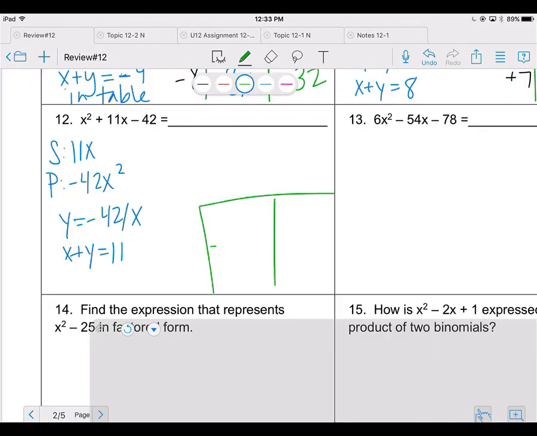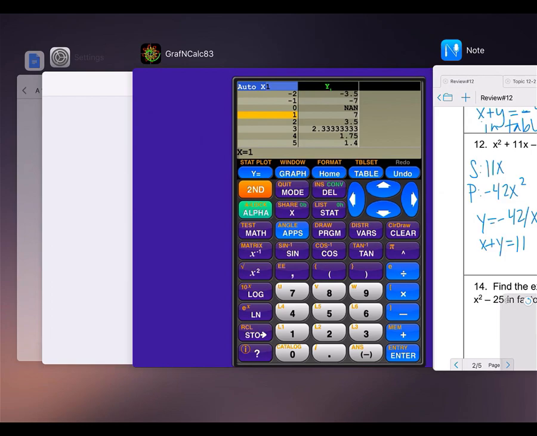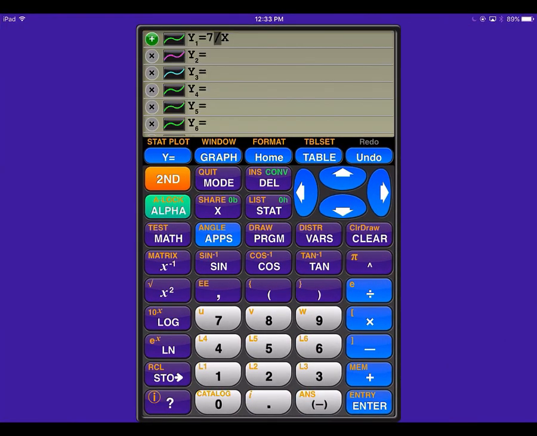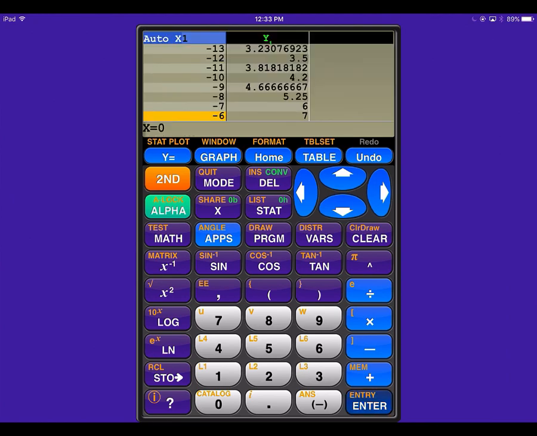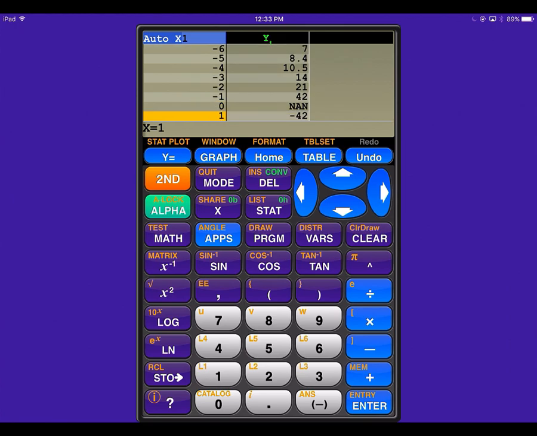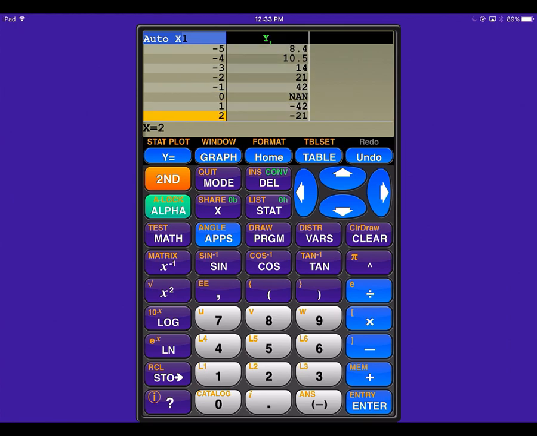I can also start my box. I have the x squared, the negative 42, and my other two terms come from the calculator. So I have negative 42 divided by x. Look at my table. I'm looking for two numbers that will add together to get 11. Remember, they need to be whole numbers. 1 and negative 42 do not equal 11, and I'm looking for a positive 11.